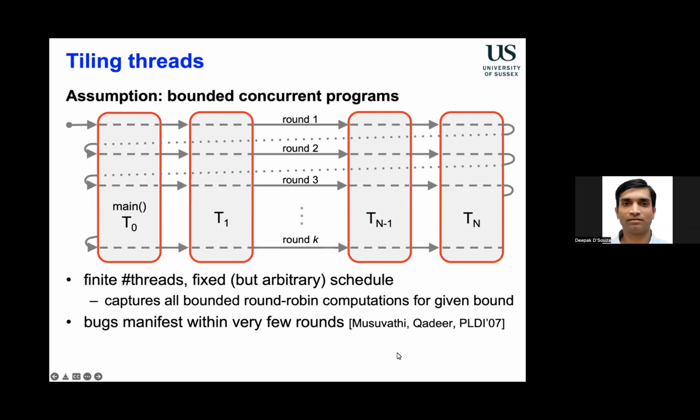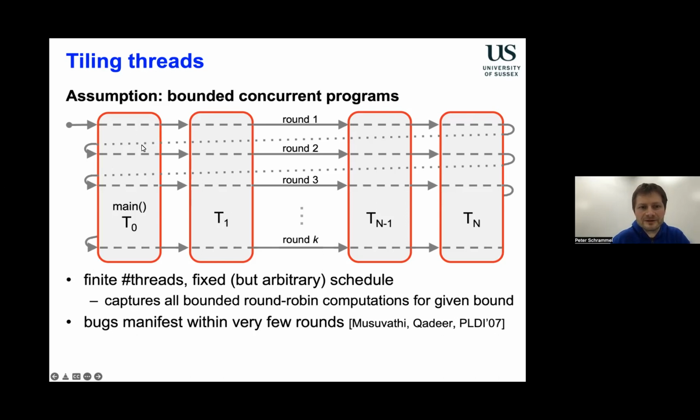Peter, here in each round there seem to be n context switches, right? The gray path here is essentially the sequential program that we construct.